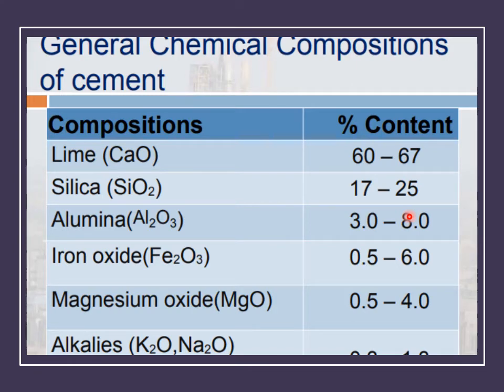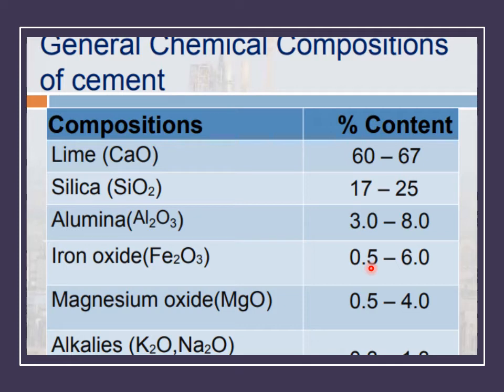Similarly, for OPC 53 grade cement, you should get 53 megapascal minimum strength at 28 days of curing. We are actually producing 63 grade cement also, but it's not available in the market yet, it is still in research.